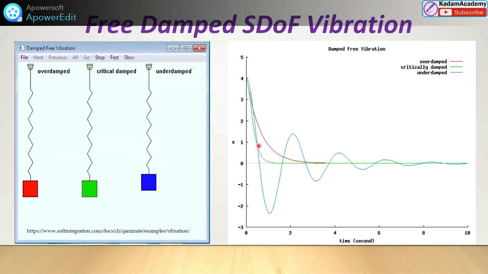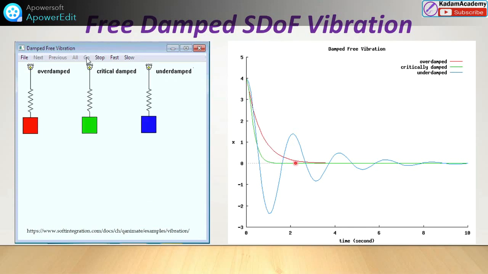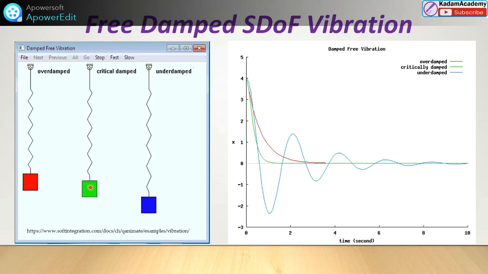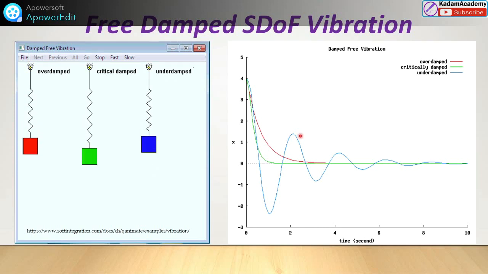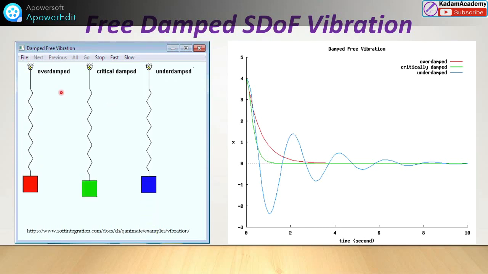These motions are represented here with different colors. The red color is for the overdamped, which goes on decreasing; the green color is the critically damped; and the blue line slowly goes on decreasing. What will happen here? Here it depends on the damping factor zeta. These three damped single degree of freedom vibrations are shown to clear your idea.